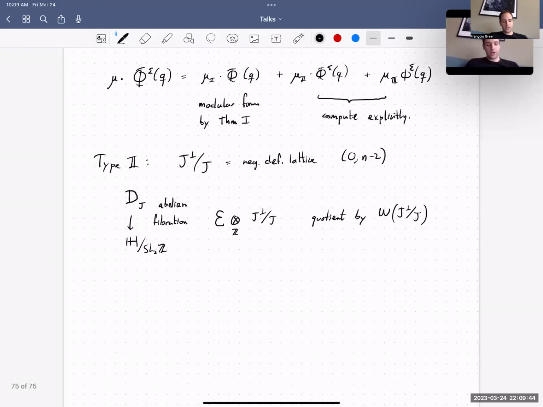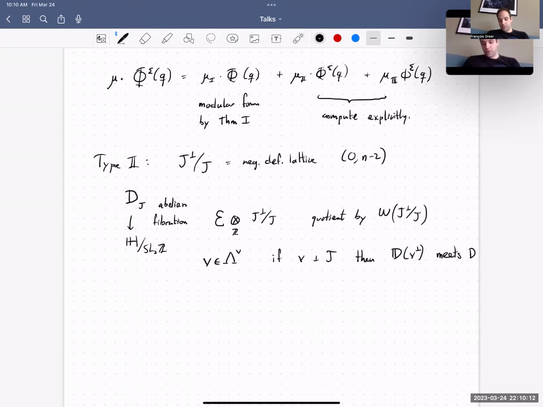So okay, that's what DJ looks like. Now, if V is our lattice vector that's defining the Noether-Lefschetz cycle, if V is perpendicular to J, then D of V perp will meet this boundary divisor, what we're calling DJ.